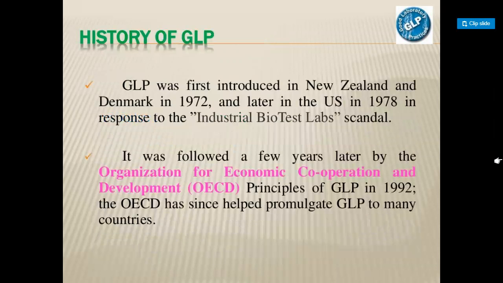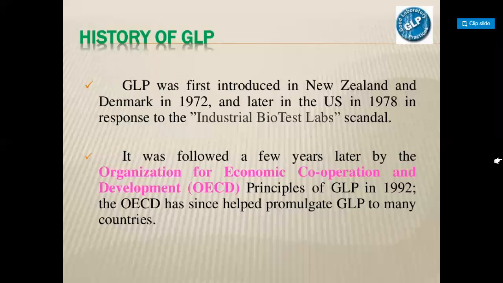When we look at the history of Good Laboratory Practice, let us see what happened actually, and when it started. GLP was first introduced in New Zealand and Denmark in 1972. These kinds of questions you may get in your objective type questions, right? When this Good Laboratory Practice was introduced, in which country or in which year, like that.